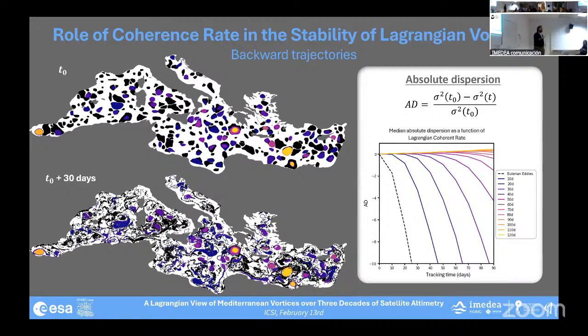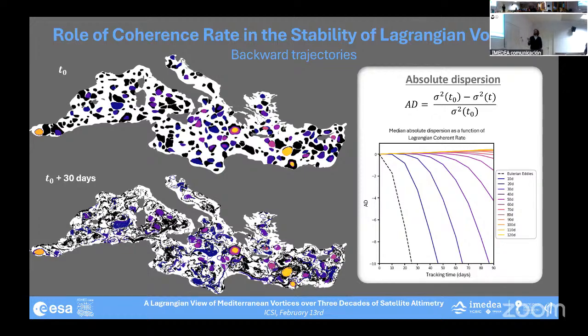What we are saying is that with longer Lagrangian coherent rates, we identify regions of less dispersion of material. But this is expected because we are using backward trajectories of particles to define the Lagrangian coherent eddies. So, of course, it's going to be like that.